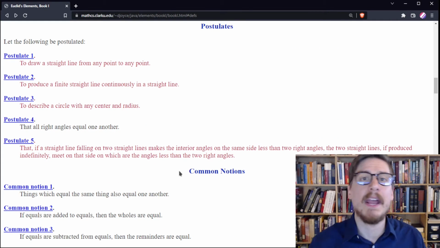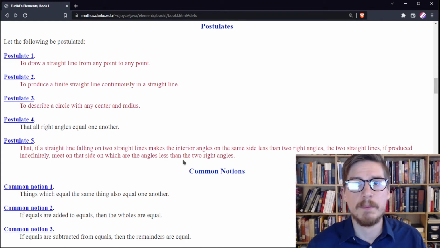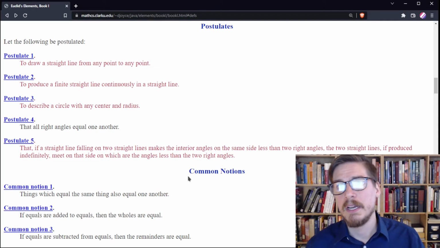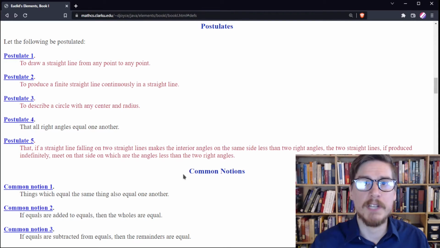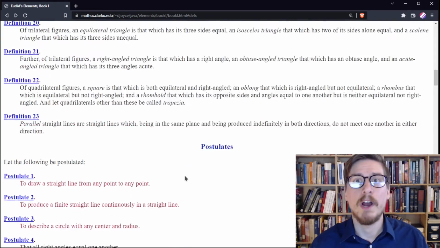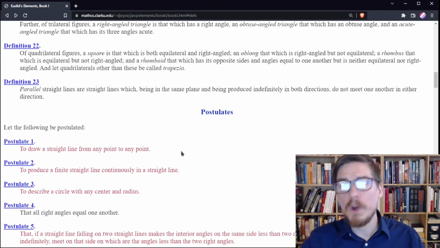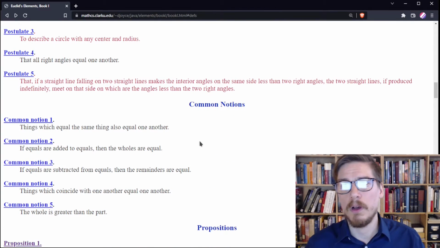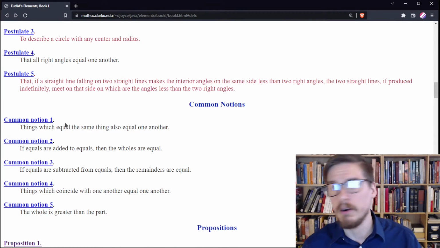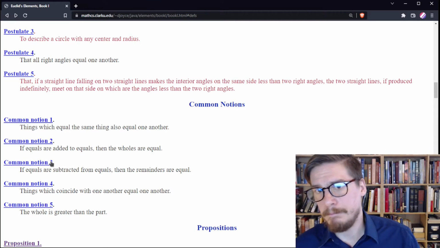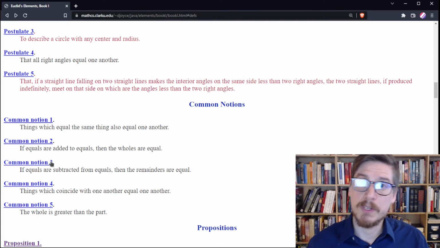Ask them to compare different definitions. What are the similarities? How are they different? What do you think this particular definition means? Why do you think Euclid phrases this in this particular way? What is a postulate? Why are the common notions what they are? So these are the sorts of things you would ask.